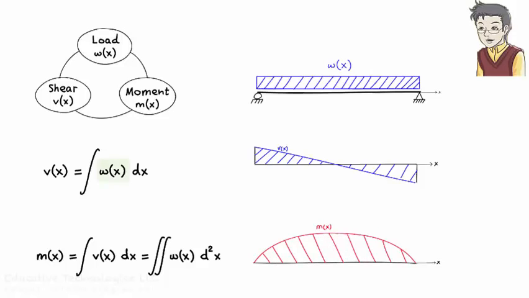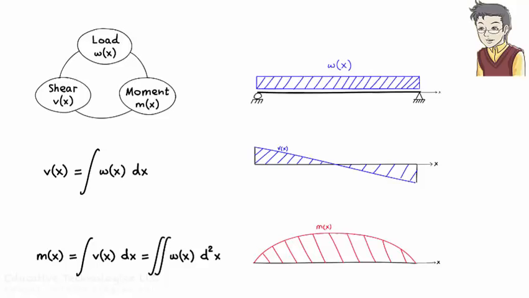So if we express the applied load as a mathematical function, its first integral describes shear in the beam, and the function's second integral describes moment in the beam. That is, this is a graphical representation of the integral of w(x), and this is a graphical representation of the double integral of w(x). But what does all this have to do with calculating deflection?